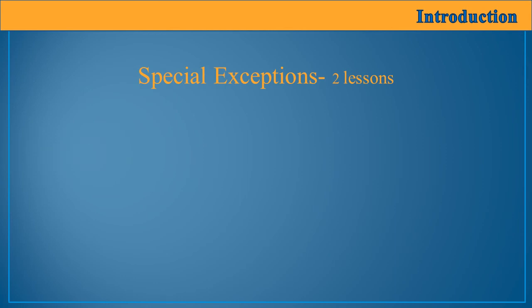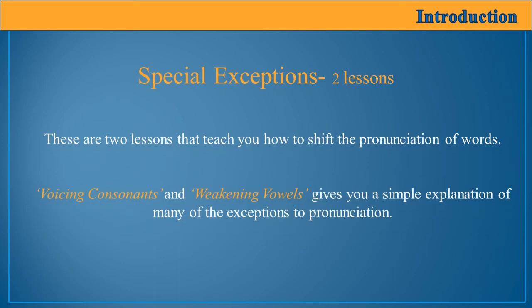Lastly, I have 2 lessons on some of the special exceptions that are used in the language. So these are 2 lessons that teach you how to shift the pronunciation of words. I say shift because sometimes the sound of a consonant is shifted, and there are rules for how to do that. Sometimes the sound of a vowel is shifted or weakened.